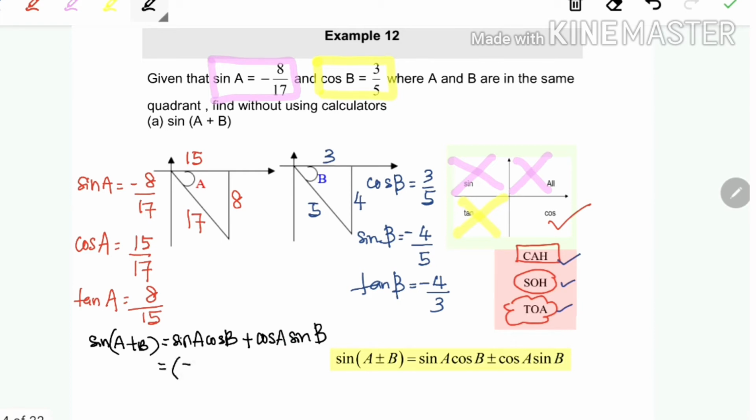So we have negative 8 over 17 times cos B, which is 3 over 5, plus cos A, which is 15 over 17, times sine B, which is negative 4 over 5. Next, this equals negative 84 divided by 85.